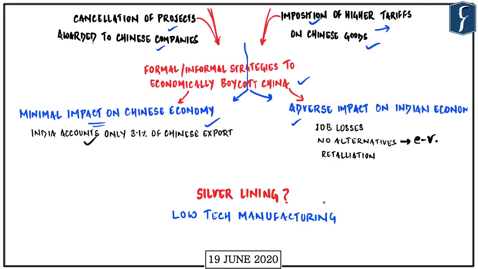And hence, the wisest decision would be to boycott China in this section, because then we would have the capability to replace the Chinese suppliers, and we can utilize the same supply chains for the supply of domestic products.